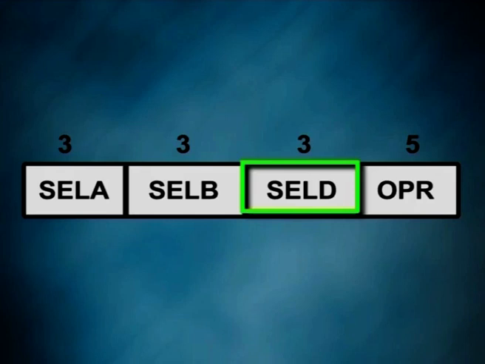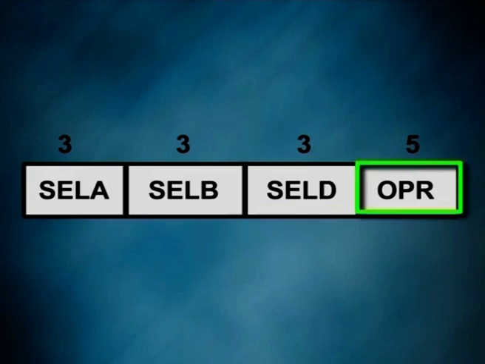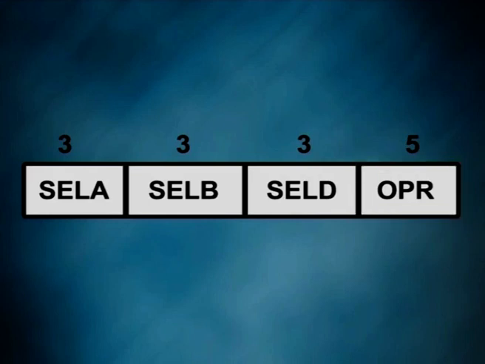The third field, SELD, selects a destination register using the decoder and its 7 load outputs. The last field, OPR, selects one of the operations in the arithmetic logic unit. The 14-bit control word, when applied to the selection inputs, specifies a particular micro operation.